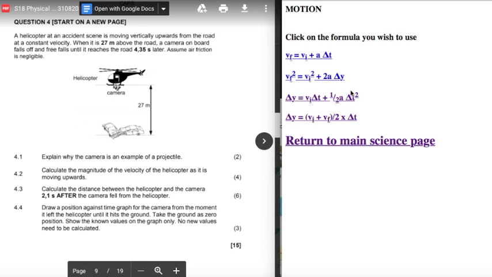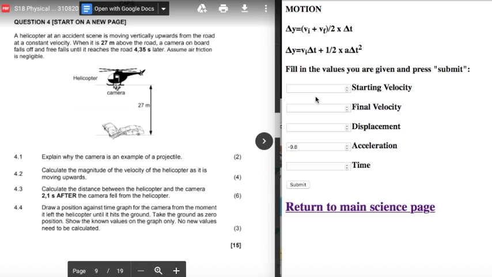The trick is to choose a formula which looks most likely to be usable. Delta y is given, 27 meters, or minus 27 meters if up is positive. Initial velocity we're trying to find, time is given, 4.35 seconds, and a, or g, which is gravity, is 9.8 down. So let's click on this formula and choose it.